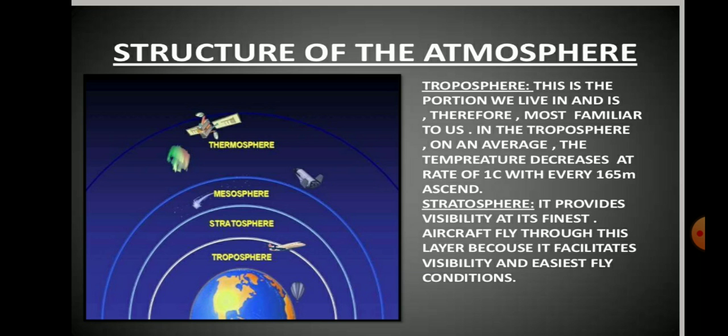This layer is almost free from clouds and associated weather phenomena. That's why its visibility is very fine here and it provides the most ideal condition for flying aeroplanes. And one more important thing here is it contains a layer of ozone which protects us from the harmful effects of the sun's rays.